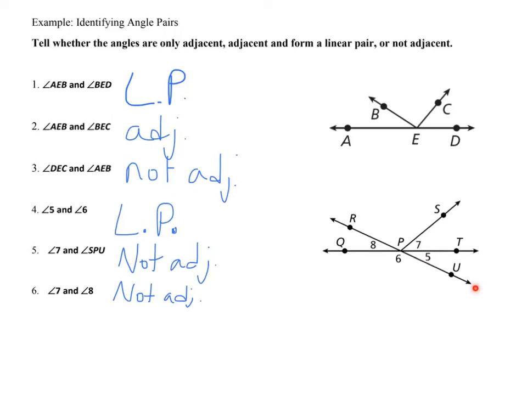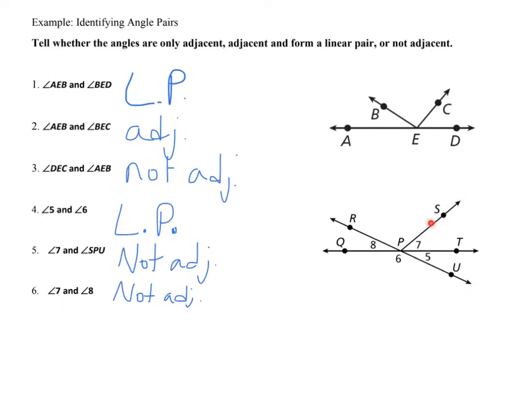Now this one might trick people into thinking, well, they both have ray PS, so that means they're adjacent. But two angles cannot be adjacent if one angle is part of the second angle. So angle 7 is actually on the interior of angle SPU, so they are not adjacent because angle 7 is part of angle SPU.